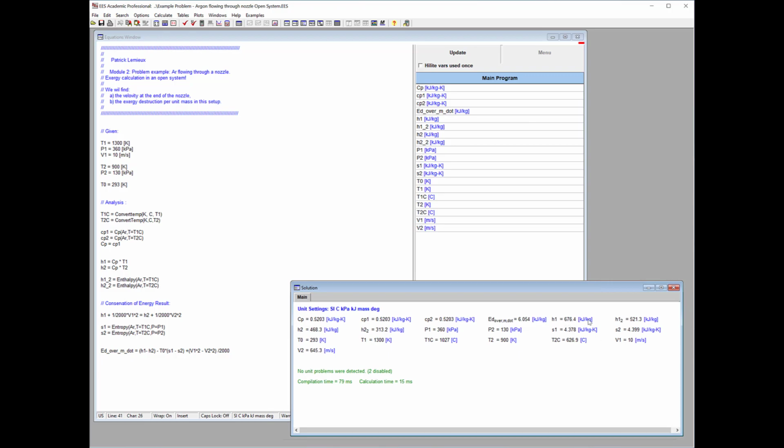When we apply the ideal gas model to finding enthalpy and define H1 to be Cp times T, implicitly we made the datum of enthalpy absolute 0 Kelvin, right? H is equal to 0 when T is equal to 0. That's not necessarily the case for this guy right there.